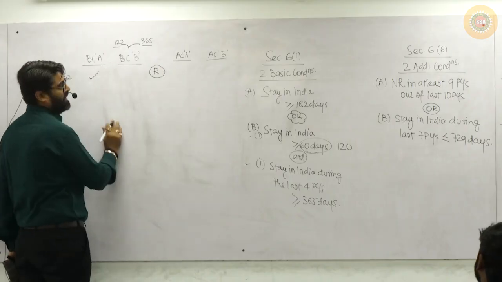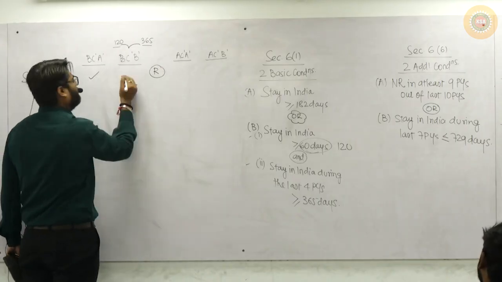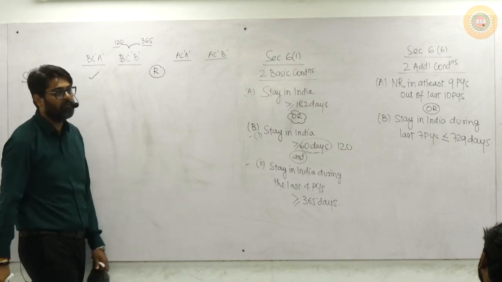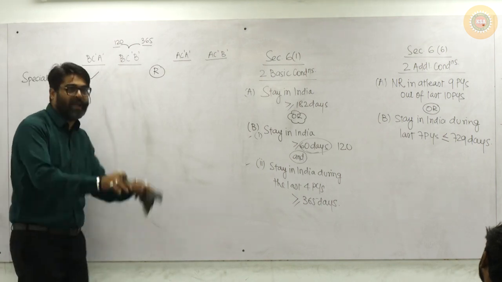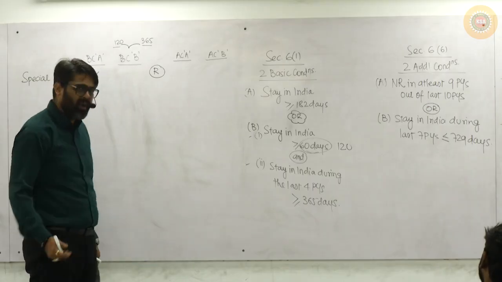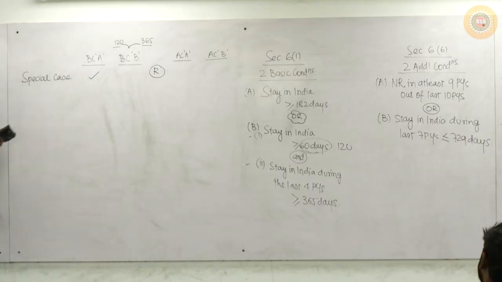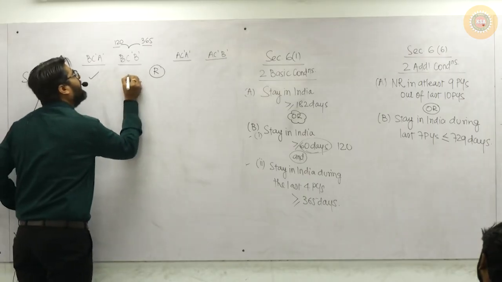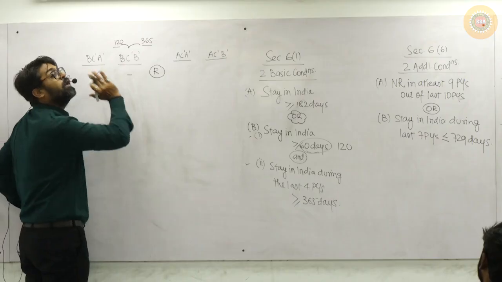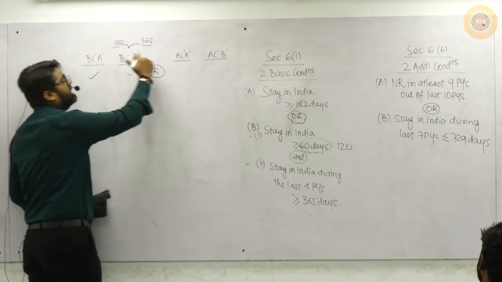Are you going to check basic condition B, 120 days, 365? No need to check. You will not write down not applicable. It is applicable, but you will not check, because you are already becoming a resident by satisfying basic condition A. Dash means don't check because you are already becoming a resident.